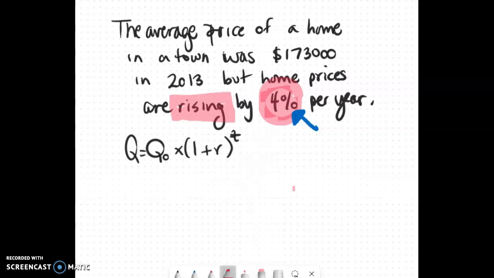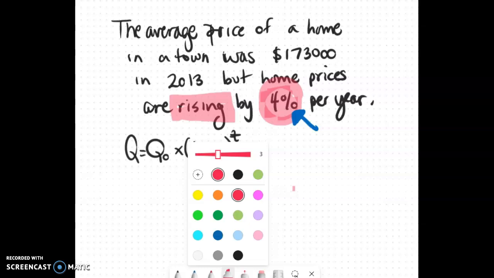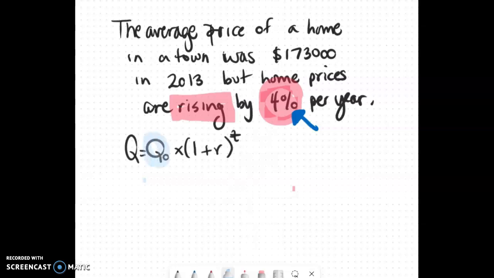So when you are asked to find an exponential function, and you'll have this on your formula sheet, you have to fill in two things. The first thing you need to fill in is Q sub 0. Q sub 0 is the initial or the starting amount. Whenever you have a variable with a subscript of 0, it's telling you it's the initial. Q means the final amount.